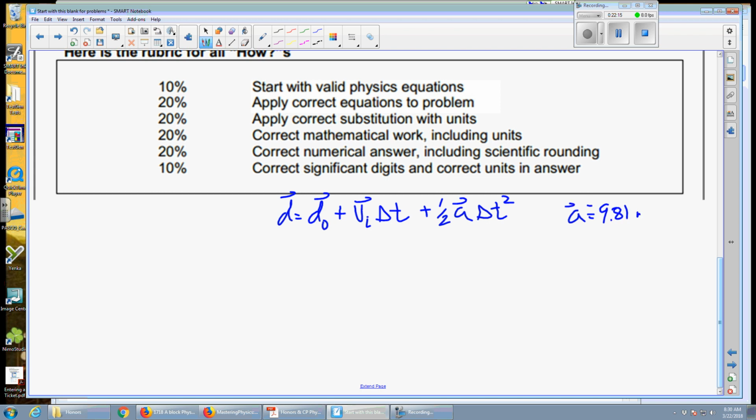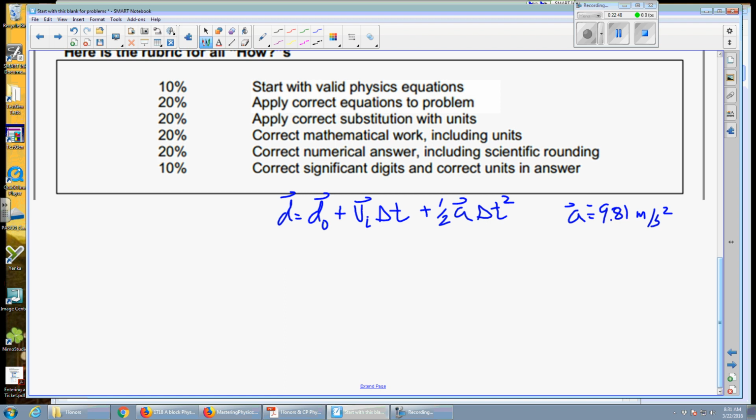I'm going to call down negative. Is that okay with everyone? Thinking back to our drawing, we're calling down negative, so that means up is positive. Where do you want to call 0? At the height of the balloon or at the ground? Or somewhere else? At the ground, okay. So we're going to call the ground at a height of 0. We're going to call up as positive.